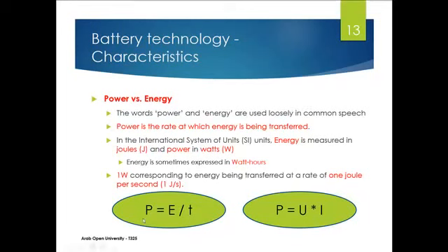The power is expressed in watt, the energy is expressed in joule, and the relation is that 1 watt is equal to 1 joule per 1 second. The formula that gives the power related to the voltage and the current is that the power is equal to U times I, and we're going to look later on at the different formulas and equations to remember.